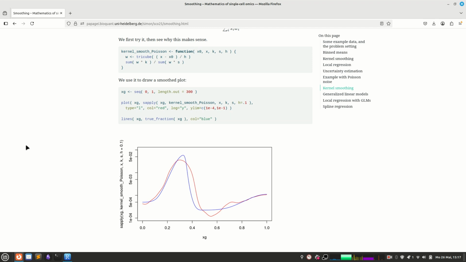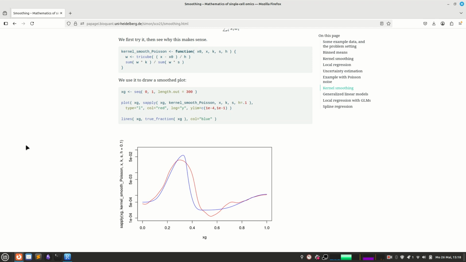Right, I should have mentioned this. It might seem like this, but notice that we have a logarithmic axis. What this means is the variance is proportional to the mean, so the standard deviation is proportional to the square root of the mean. So the relative noise goes down with the square root of the mean. And once you take the logarithm, relative noise turns into absolute noise. So what we see here as noise is basically the factor by which we have to multiply the true value to get the noisy value.